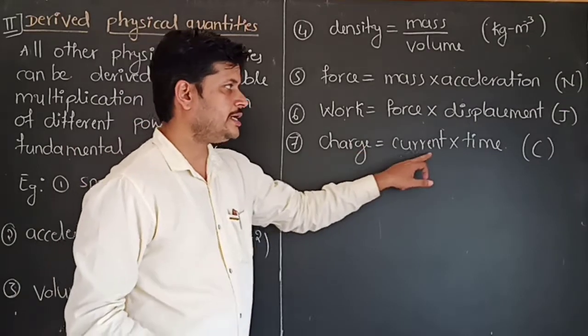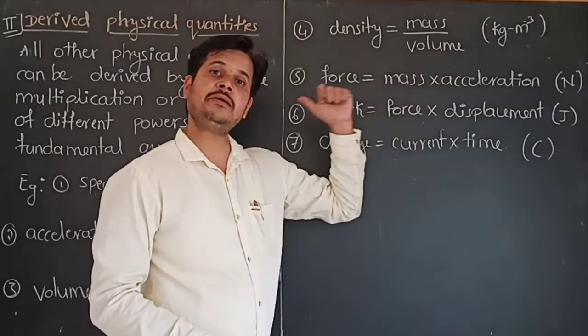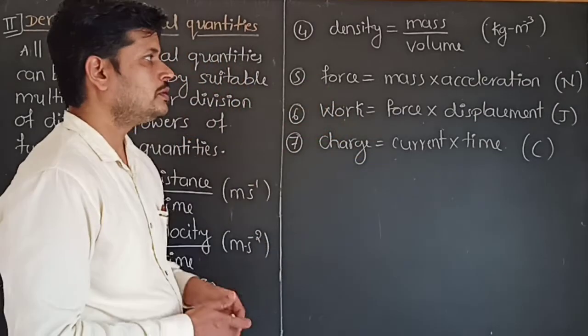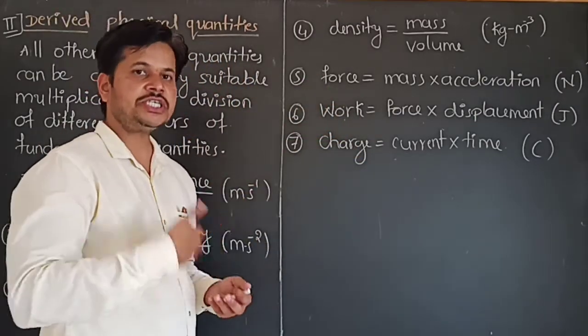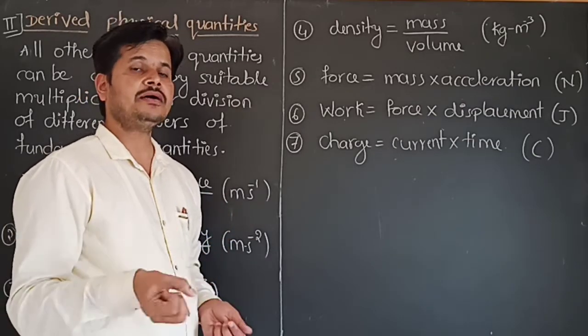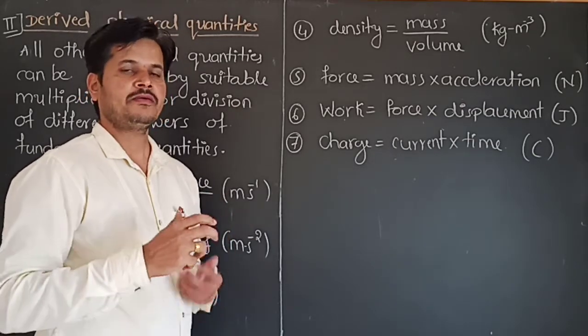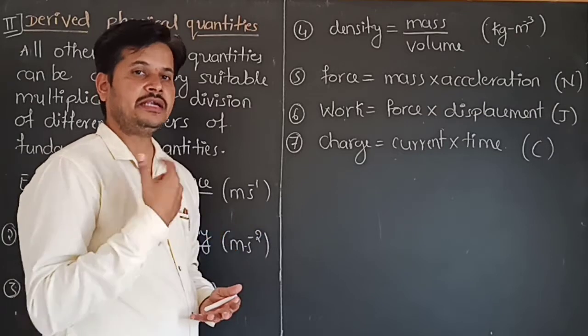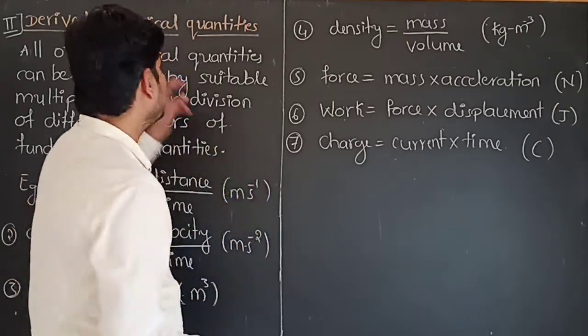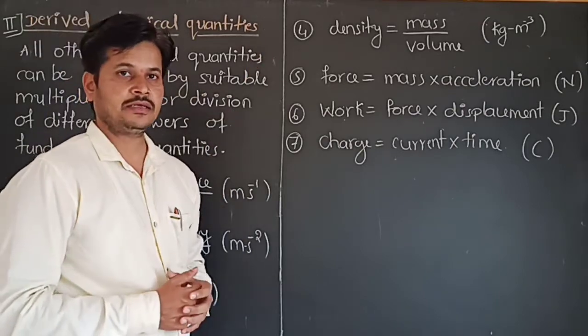Charge: current into time. Current is a fundamental quantity. Right? This is how, by increasing or decreasing the powers of the fundamental quantities, we can derive new physical quantities, which are known as derived physical quantities.